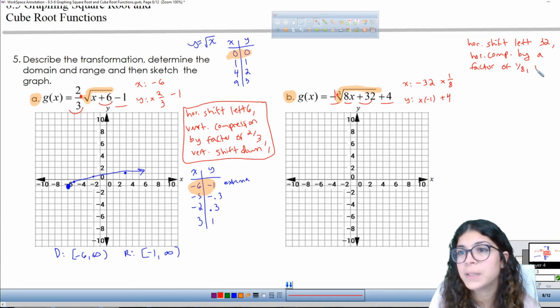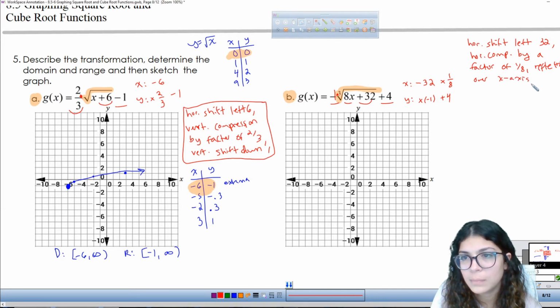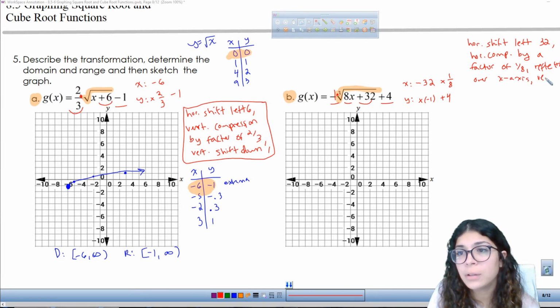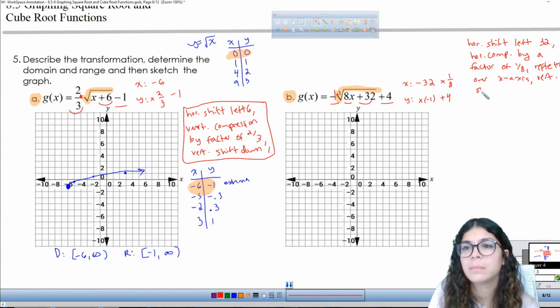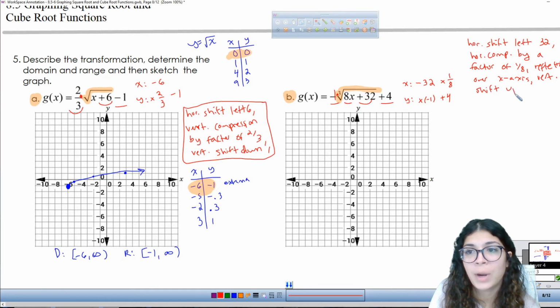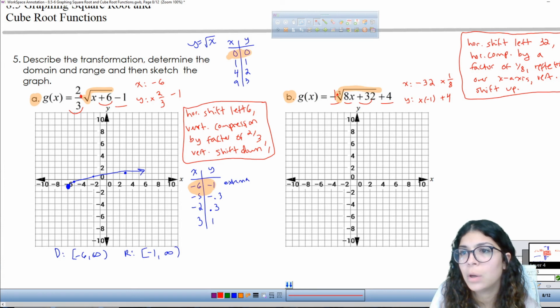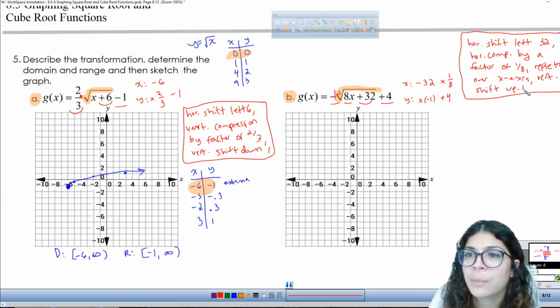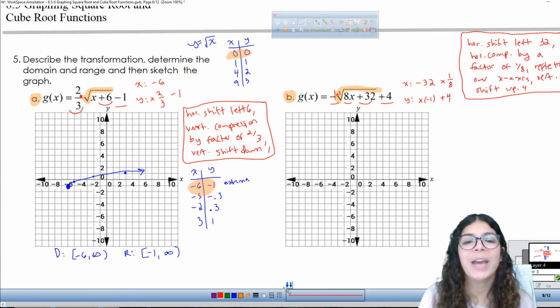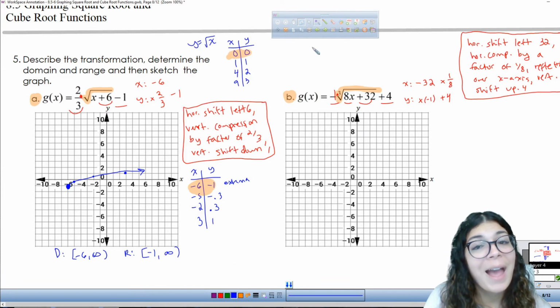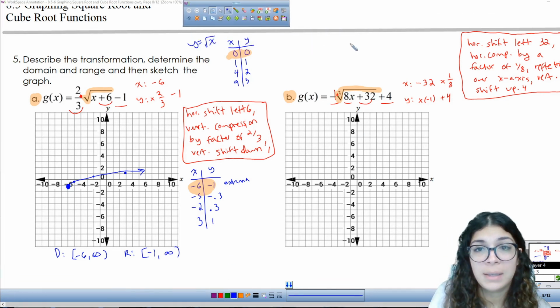Change the sign of y, which means a reflection over the x-axis. And lastly, a vertical shift, so we're adding, and because we're adding to y, it's up. Oh, I wrote up, but I didn't write how many units. Up 4.